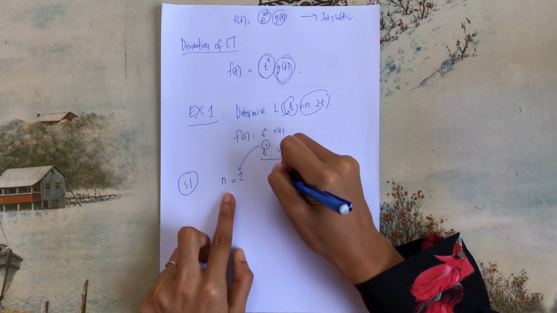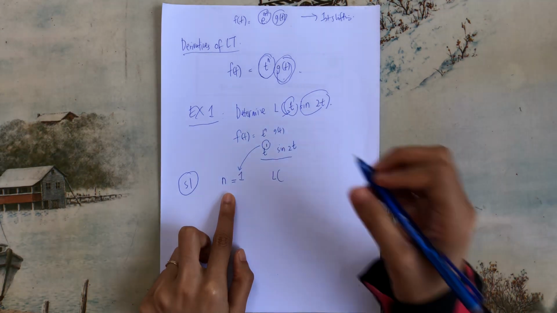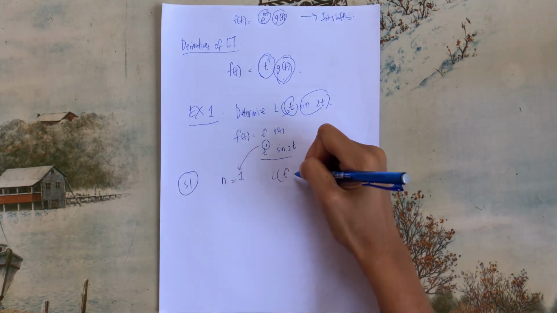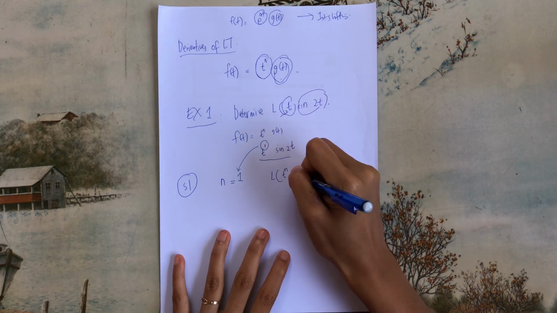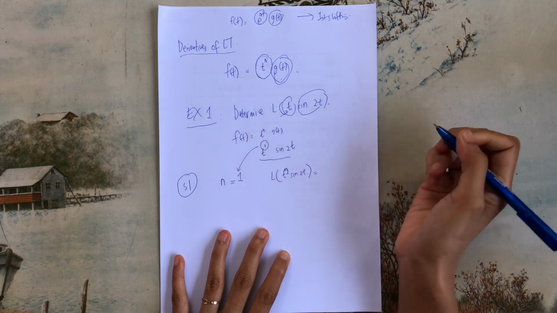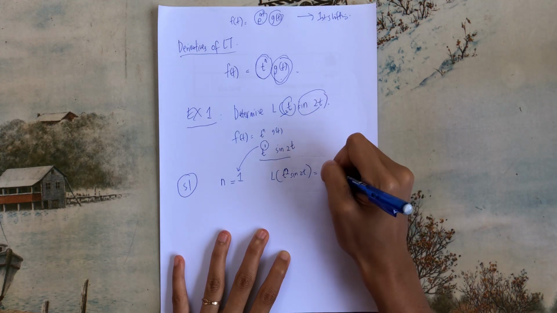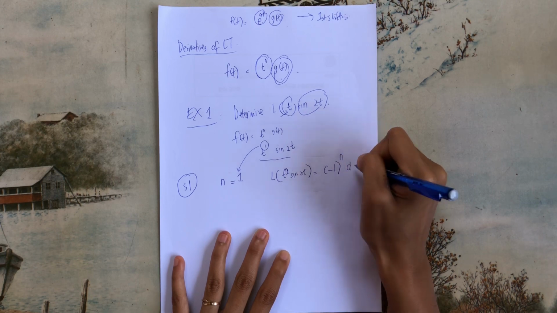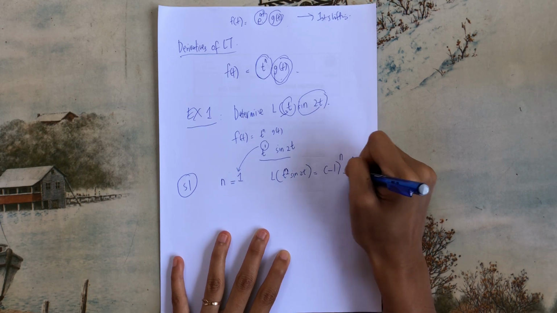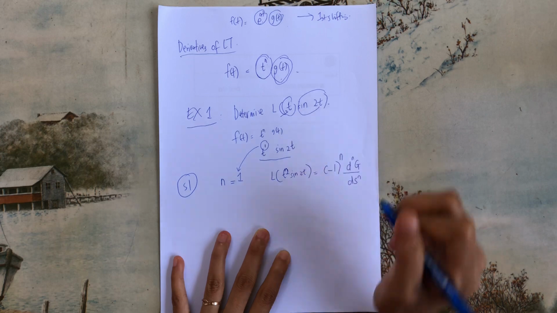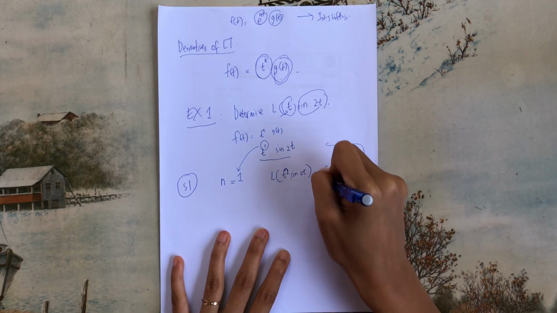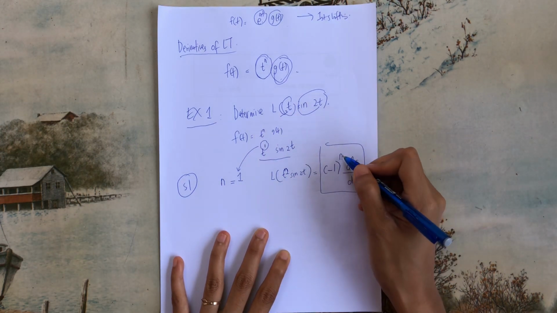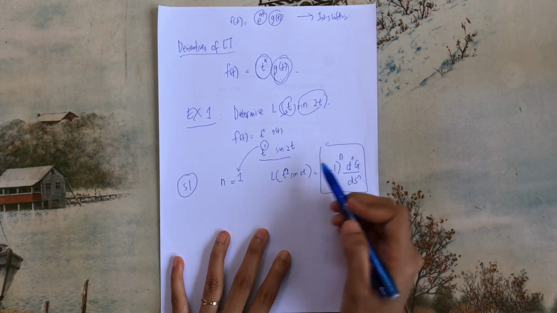The answer for this one is given by this. What does it mean? This n comes from this n.